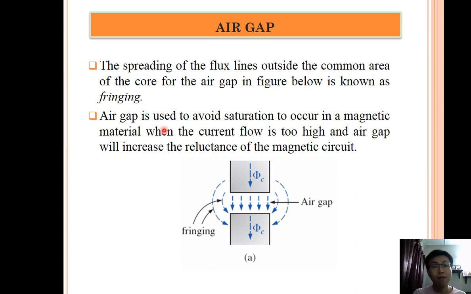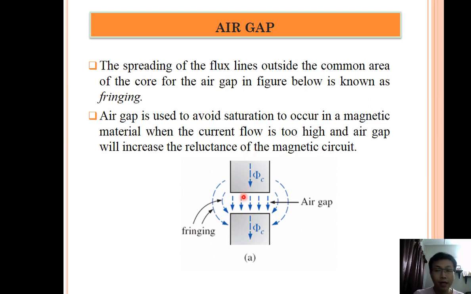An air gap is used to avoid saturation occurring in magnetic material. Actually, we don't want to make all the fluxes. If, let's say, we don't want to make the magnetic material saturate here, we need to reduce the fluxes here. So an air gap is used to avoid saturation occurring in magnetic material when the current flowing in is too high, and the air gap will increase the reluctance of the magnetic circuit.